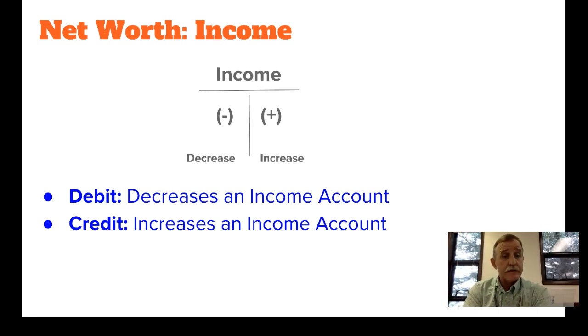So debiting means decreasing the income account. If we increase the amount of sales, which is what we generally do when we sell cattle, then that would be a credit to that income account. We made a sale. It's fall of the year. We sell our weaned calves, and then we credit our income account that is called cattle sales.